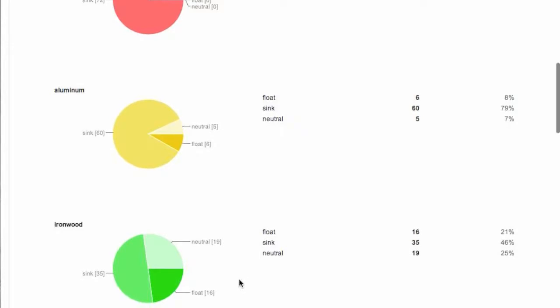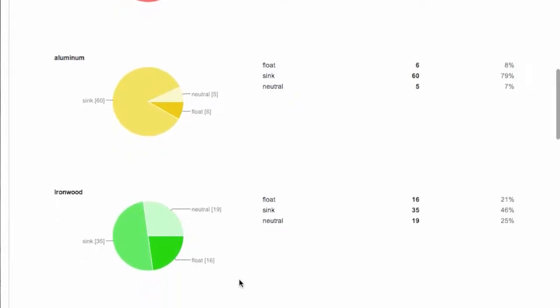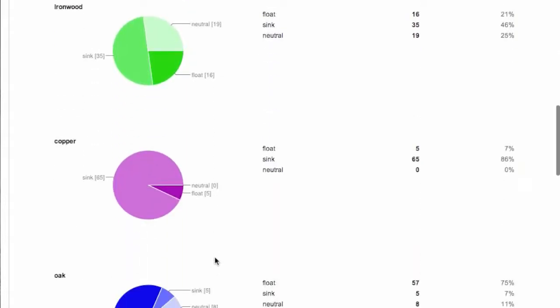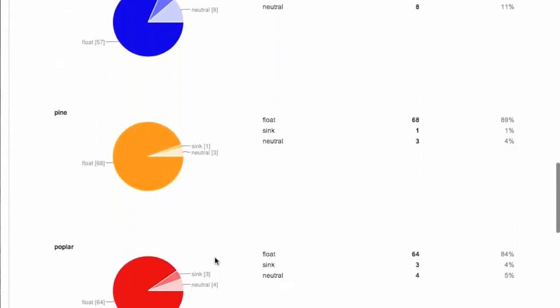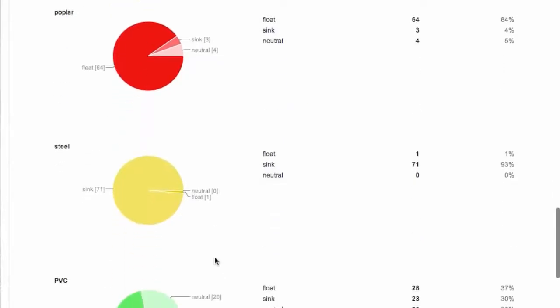And the interesting thing is for students to see right up front that even though we haven't tested anything, we want to be predicting. We're hypothesizing and so forth. We're testing a hypothesis. For example, the hypothesis: will ironwood sink or float or be neutrally buoyant? And as you look at this data, you can see obvious trends and patterns.